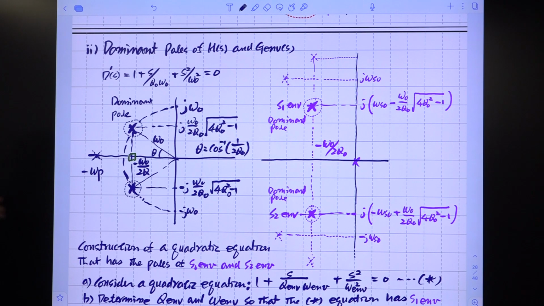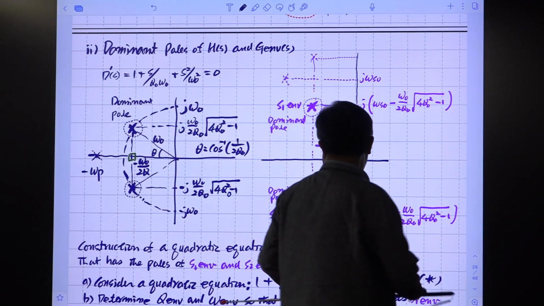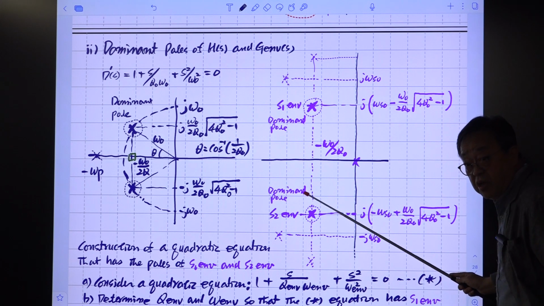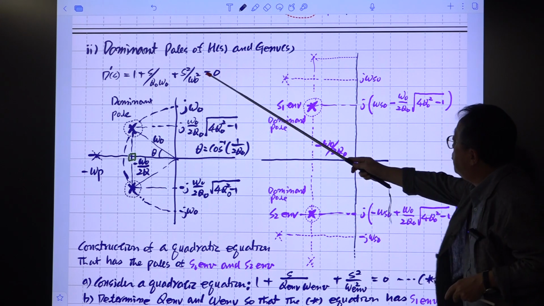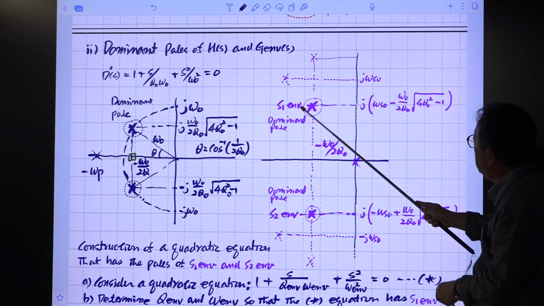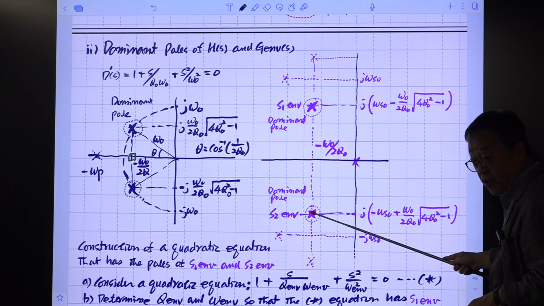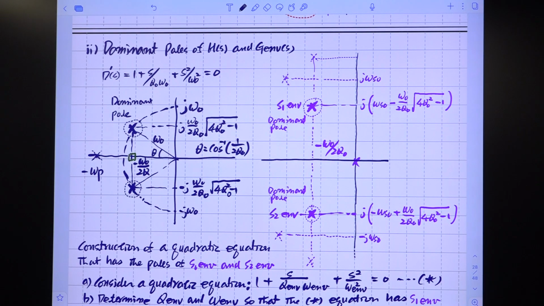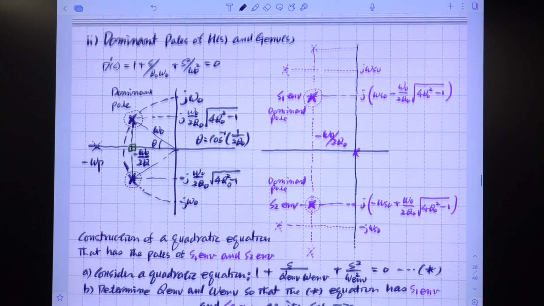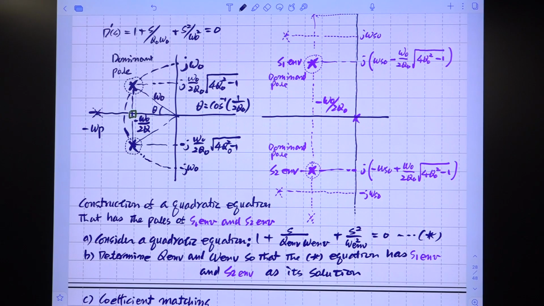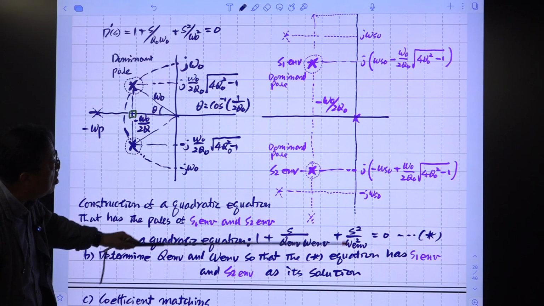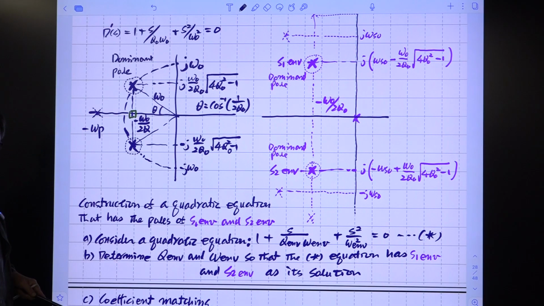The name of the game here is, suppose we consider this as the dominant pole pair, and we construct this type of equation that has S1 at this point, S2 at this point. Okay? So the denominator actually has 6 poles, but we just take 2 dominant poles and try to find the second order equation which has its poles at these locations. That is very easy, okay?